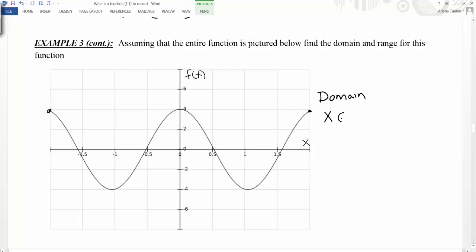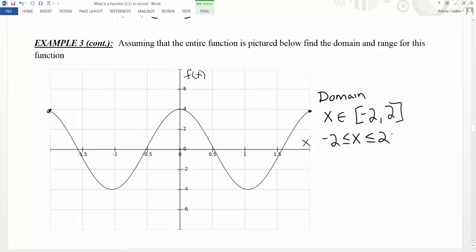So my domain here, I'm going to write as x is an element of [-2, 2]. And I'm including the endpoints because they are defined here and they have a defined y value. Again, I could use the alternate notation, and I could say x is greater than or equal to -2 and less than or equal to 2. Both of these are good ways to represent the domain.